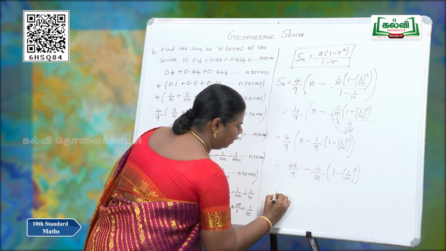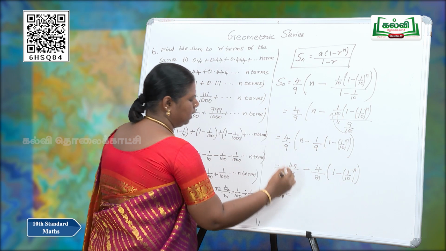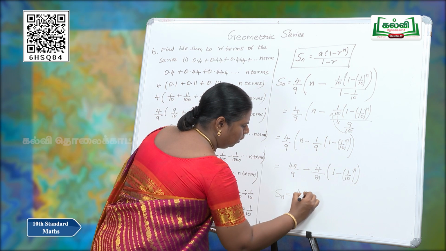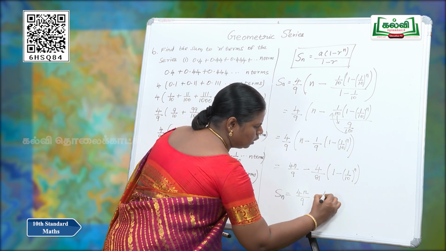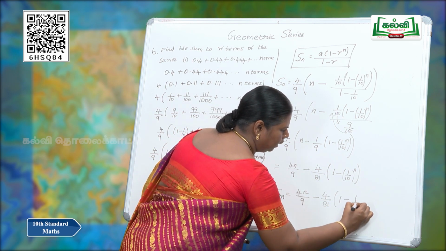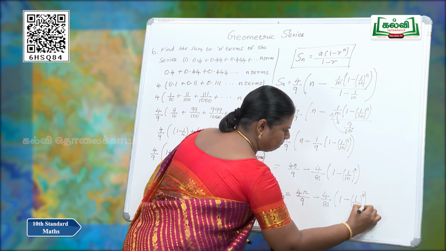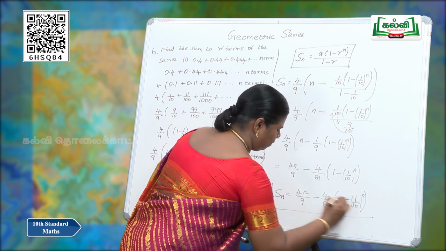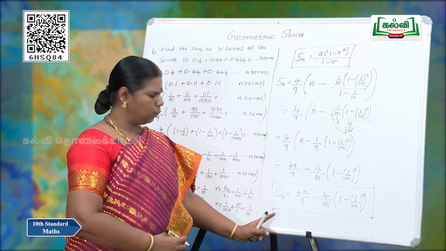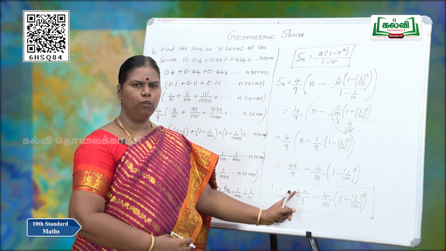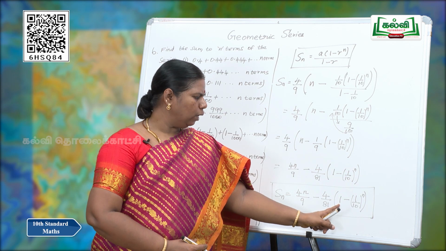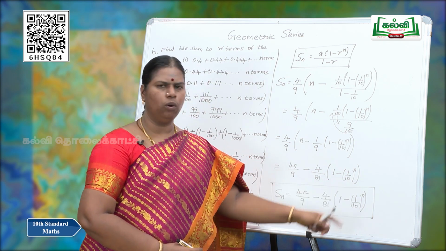So, here the Sn of the given series is Sn is equal to 4n by 9 minus 4 by 81, 1 minus 1 by 10 the whole power n. Answer: the Sn of the given series is 4n by 9 minus 4 by 81 into 1 minus 1 by 10 whole power n.